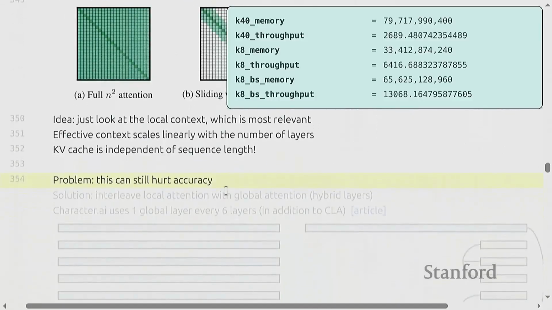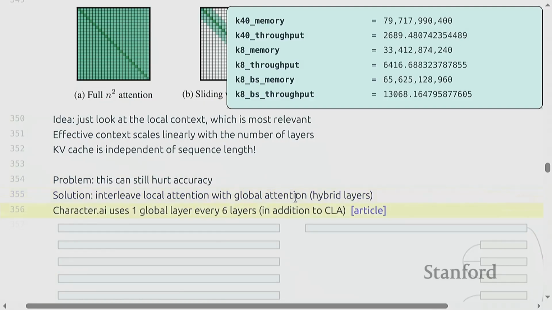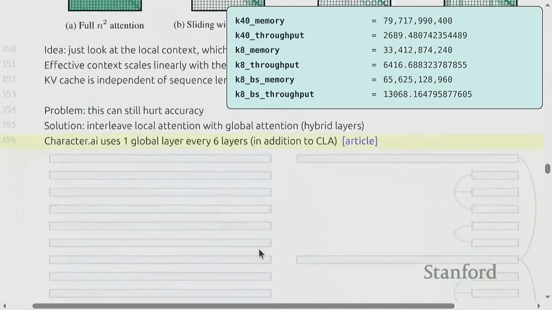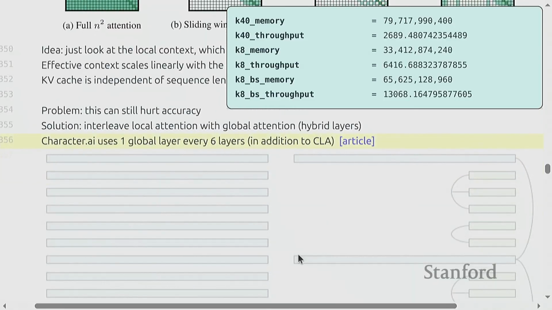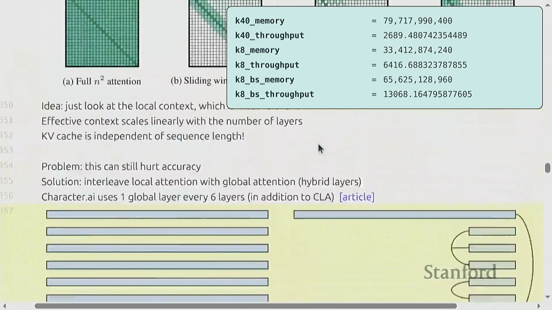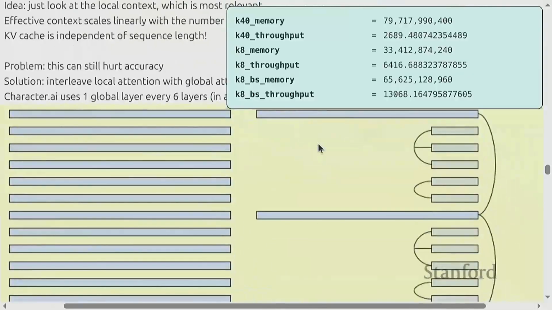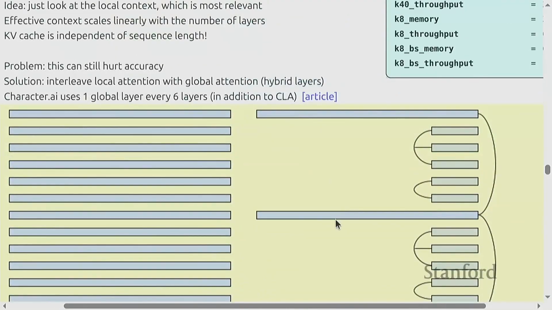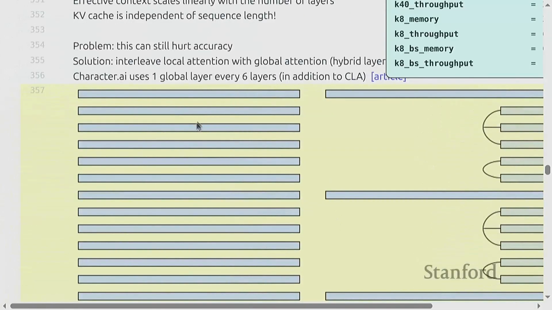So what you can do is interleave local attention with full global attention, as hybrid layers. For example, Character AI used, for every 6 layers, 1 global layer and 5 local layers, in addition to cross-layer attention. So it looks something like this: with full attention, in every layer you have to store the KV cache.